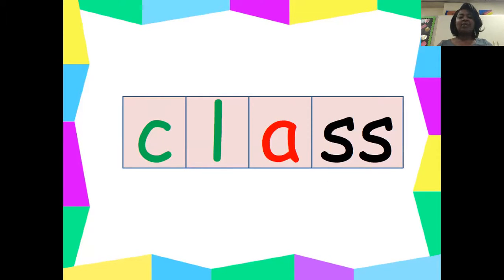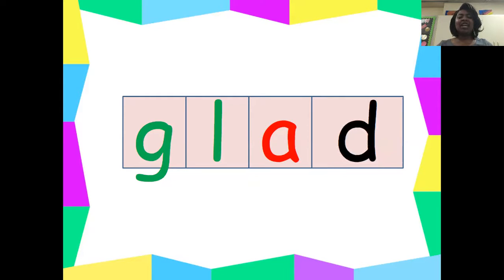If I change the P to my double consonant S, the word is now class. If I change the C to a G, the word is glass. If I change my double consonant S to a D, the word is glad.